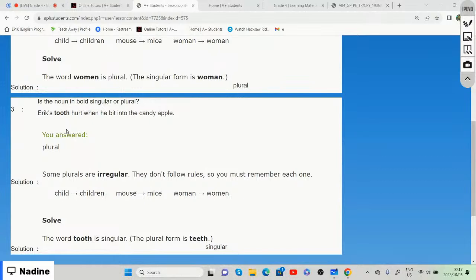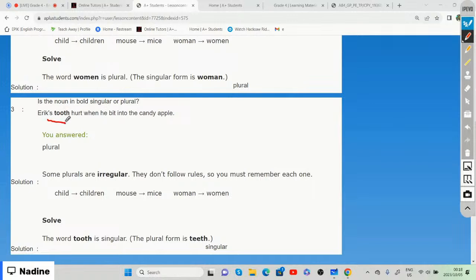Are we referring to one tooth, or are we referring to more than one? Is tooth singular or plural?